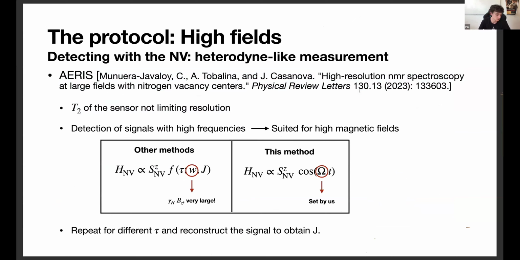So high field, to be conservative, from 1 Tesla to, I don't know, 20 Tesla, if you are capable of applying that field. Okay, very clear. Thank you for the talk.